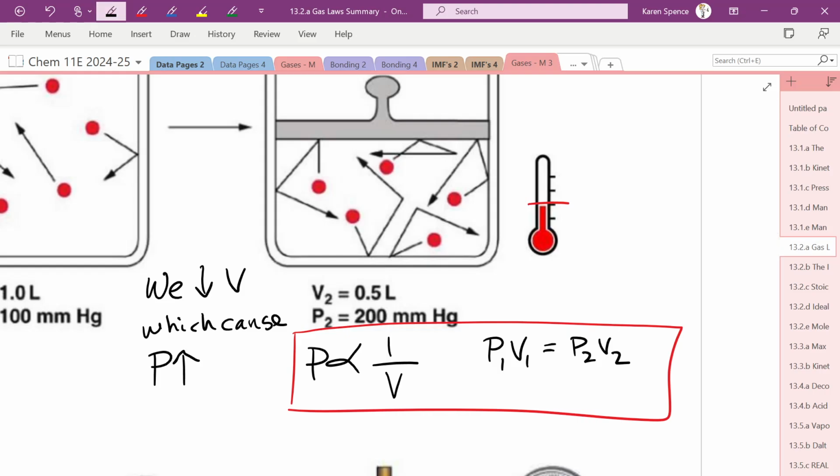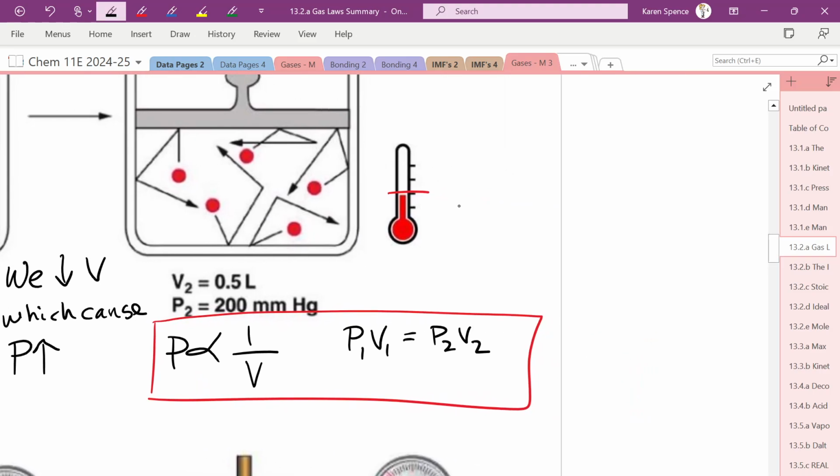And what would that look like on a graph? If we graphed the pressure, who's the independent variable here? Volume. And the pressure, what would that look like? Your inverse relationships look like that.